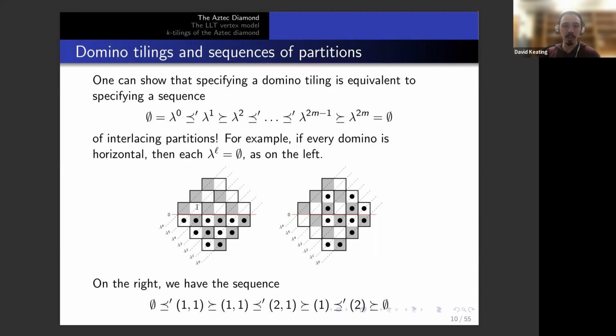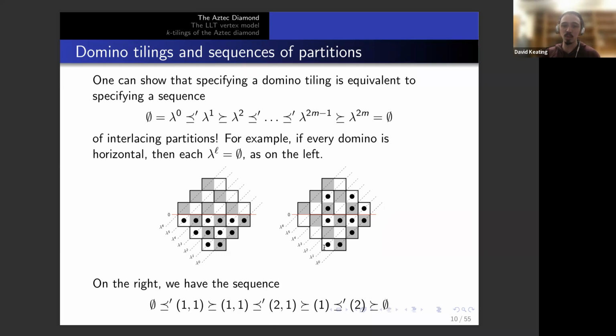The example on the left here is all the partitions being empty, since we always have particles packed to the left at the 0 content line. And for the example on the right, you can read off how far each particle had to jump from the empty partition to read off your partitions in this sequence.